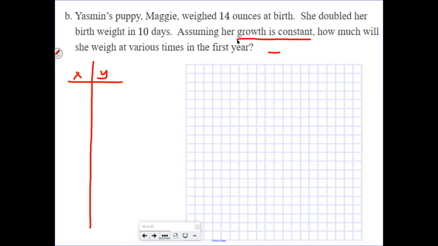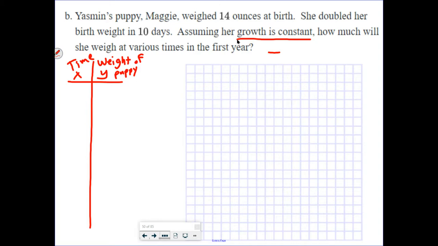So does the weight of the puppy depend on the days, or the days depend on the weight? And the correct answer is the weight depends on the days. So the weight is the dependent variable. Weight of puppy. And this over here is the time, or the days, okay?